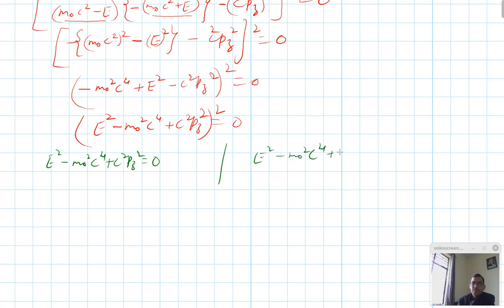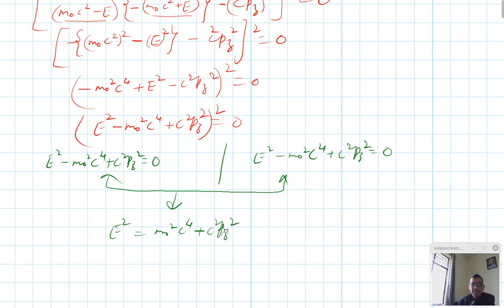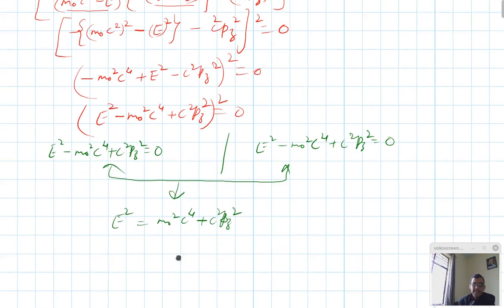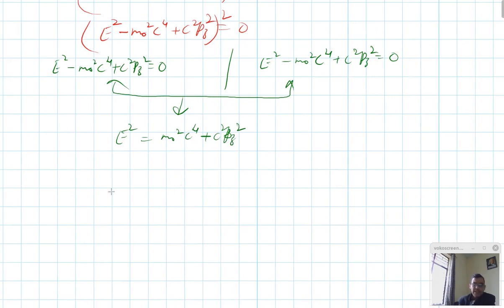So from these two, because both are identical, this leads to the fact that E square is equal to m naught square c4 plus c square pz square, right? Now I can write down that E is equal to plus minus m naught square c4 plus c square pz square raised to power 1 by 2.